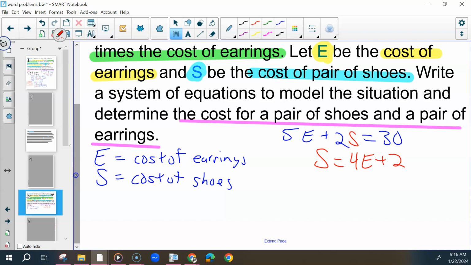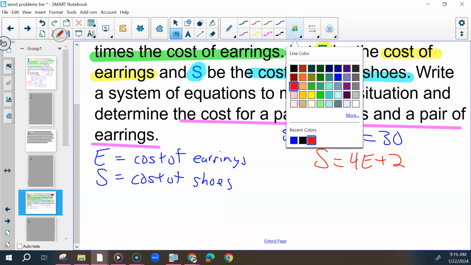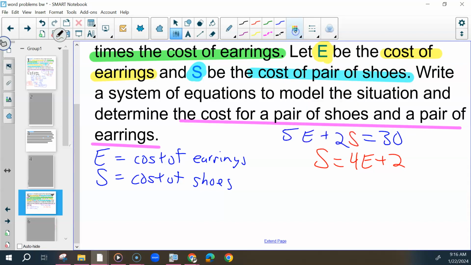So the last problem we did, we had a choice. This one is really set up for substitution, so we're going to do that. While we could rearrange it and solve for elimination, that would be more work than what it's worth.